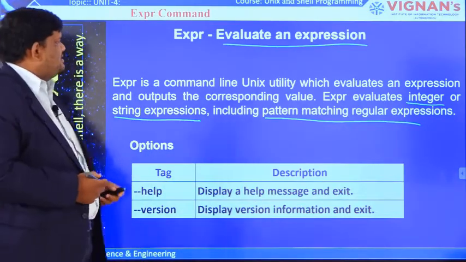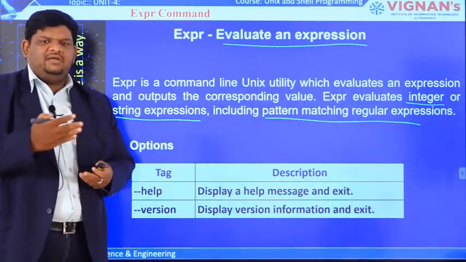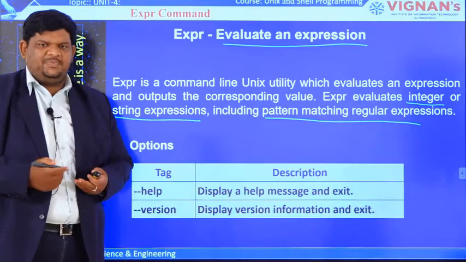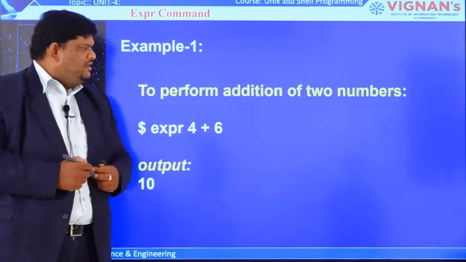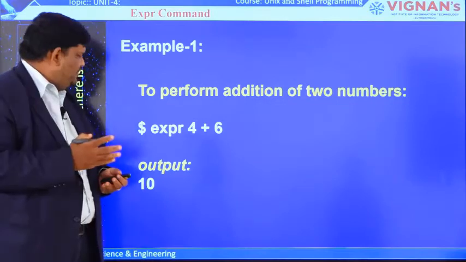Now let us consider some examples of how to evaluate expressions with the help of the EXPR command. Let us consider example one: performing addition of two numbers. As we already saw in the definition, evaluating expressions is possible with the EXPR command.